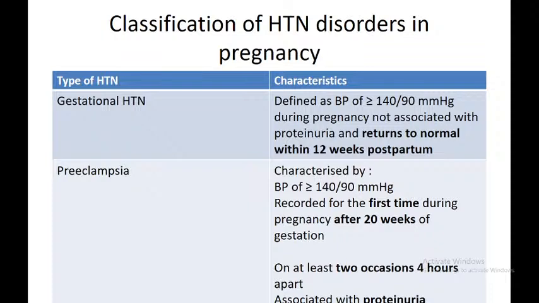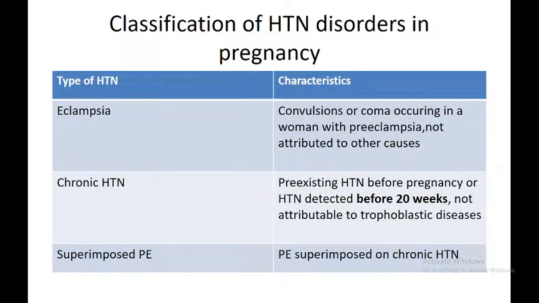So one is the blood pressure, and then 2, it should be recorded for the first time after 20 weeks, and then we need to always have 2 recordings of high blood pressure 4 hours apart, and it should be associated with proteinuria. So that is pre-eclampsia. So in gestational hypertension, it is only the hypertension, whereas in pre-eclampsia, apart from hypertension, we need to even have proteinuria as an associated condition.